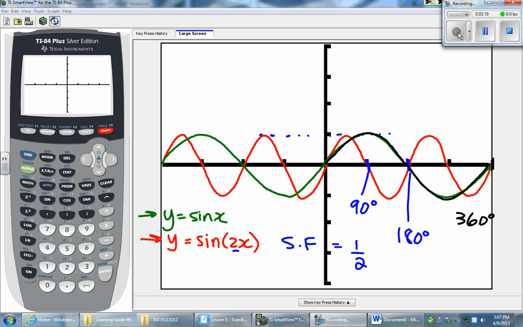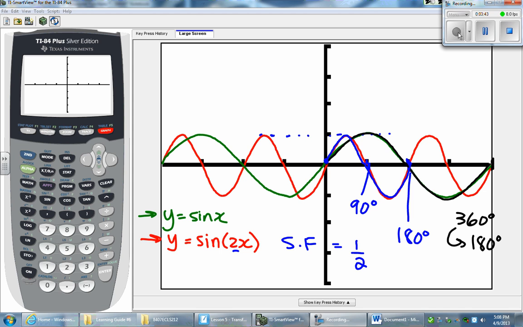But on the transform function, it's not the same case. It went from 0, the starting point. This time, it starts repeating itself after 180 degrees. So my period went from 360 degrees to 180. So my period got halved.